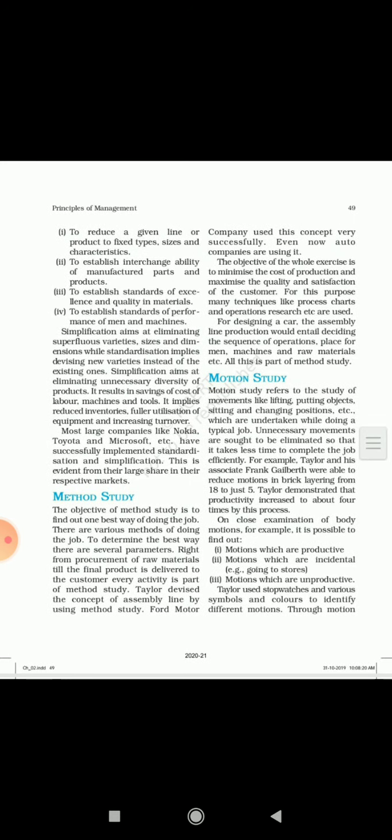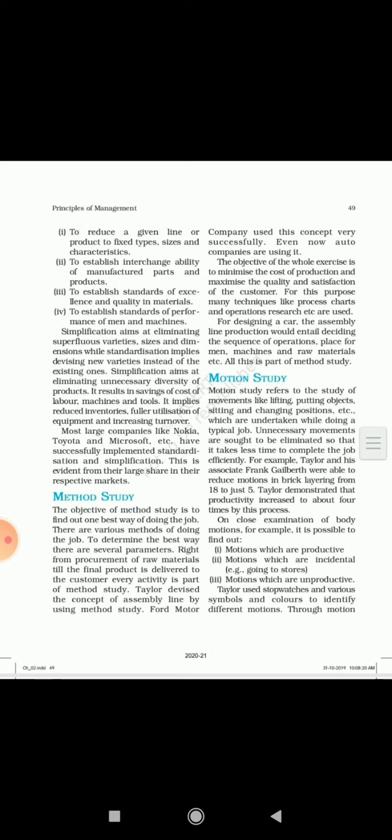The objectives of motion study are to determine the movements of workers when they are performing the job, to differentiate between productive and unproductive movement, to cut down unproductive movement, and to design equipment and tools to minimize the unproductive movement of the worker.